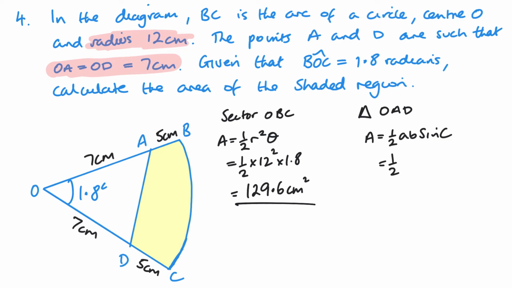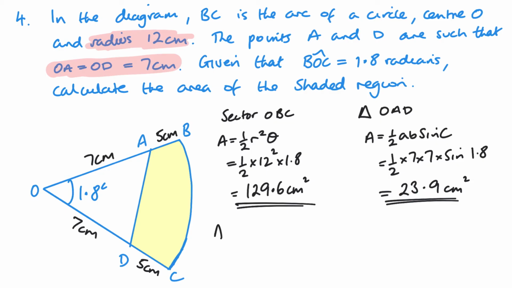A and B are both going to be 7, so half times 7 times 7 times sine of 1.8. And this gives me 23.9 centimeters squared. Now, I need to make sure that I keep the full value in my calculator, as while this one's exact, this one's rounded.